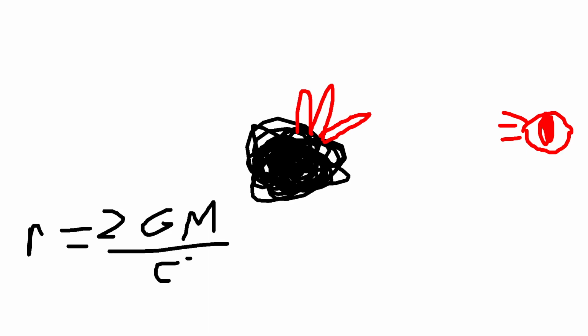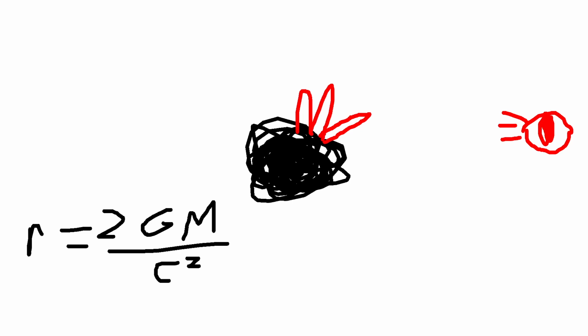So they thought of this as a dark star, and they even went and calculated how massive it would have to be. And it turns out, or you can also reformulate it, what radius it would have to have, and the calculation comes out to be radius equals 2 times the gravitational constant, which basically describes how strong gravity is in the universe, times the mass of the object, divided by the speed of light squared.